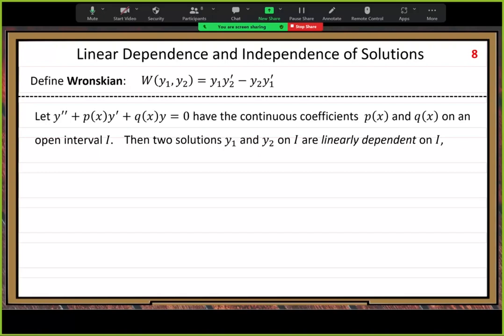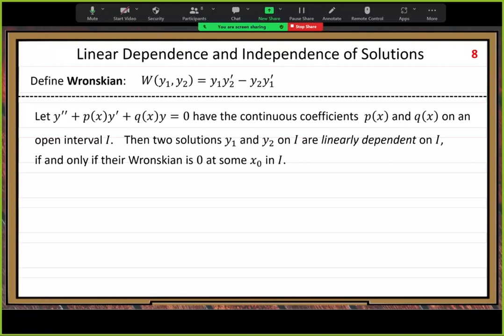When two solutions y1, y2 on I are linearly dependent on I, if and only if their Wronskian is 0 at some x0 in I. So for linear dependence, you only need to find one point in I where the Wronskian equals 0.